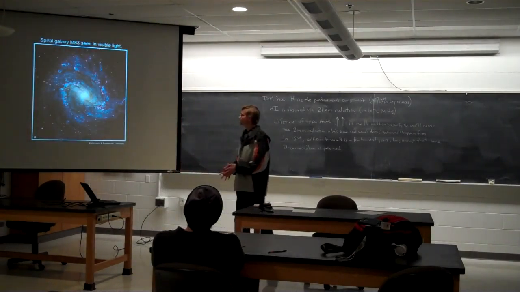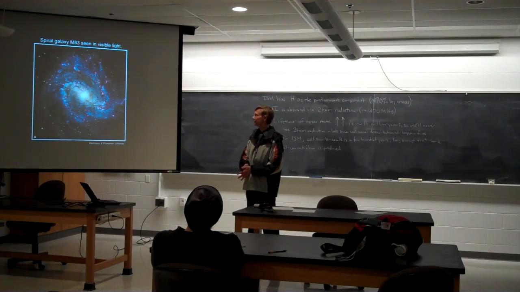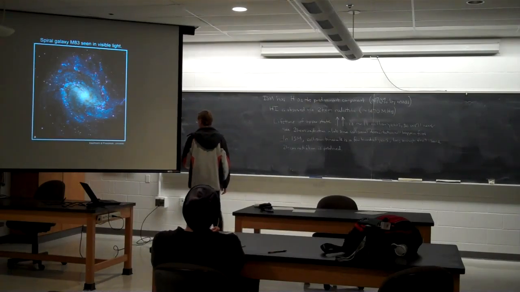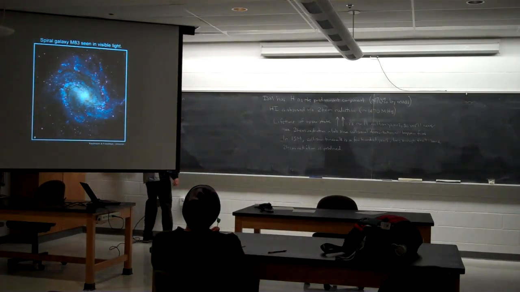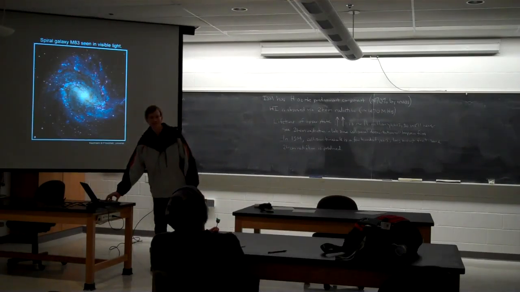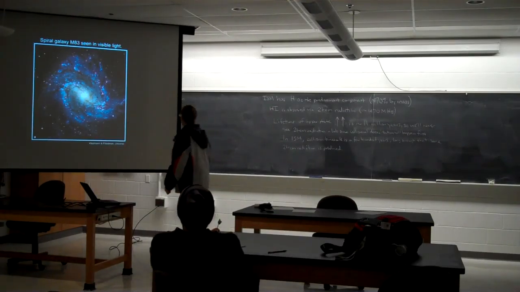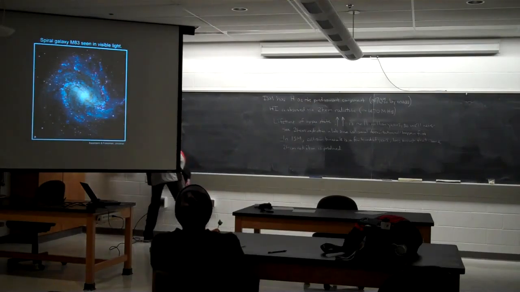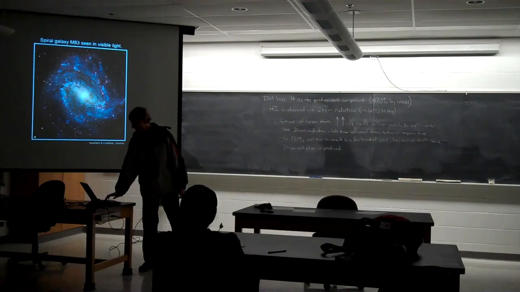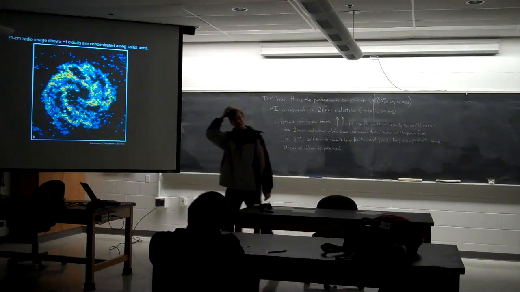So here is the spiral galaxy M83 seen in visible light, and here is the same galaxy at 21 centimeters.